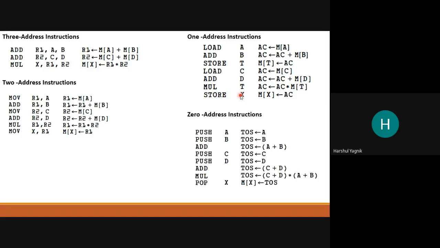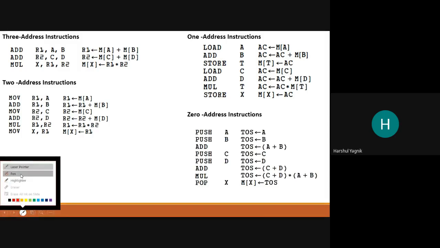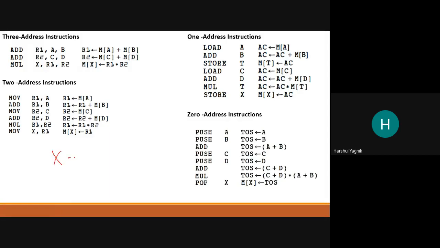The last one is zero address instructions, which use a stack. What is our task? Our equation is X equals A plus B multiplied with C plus D. Now this needs to be done with the stack.